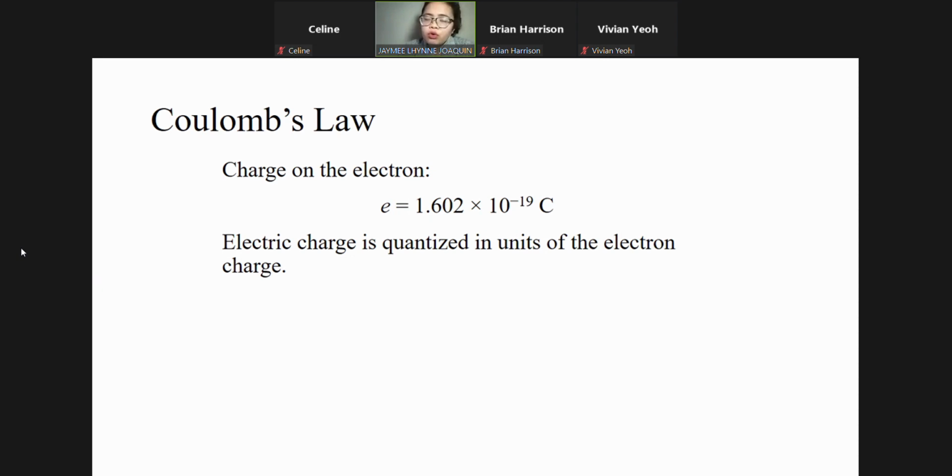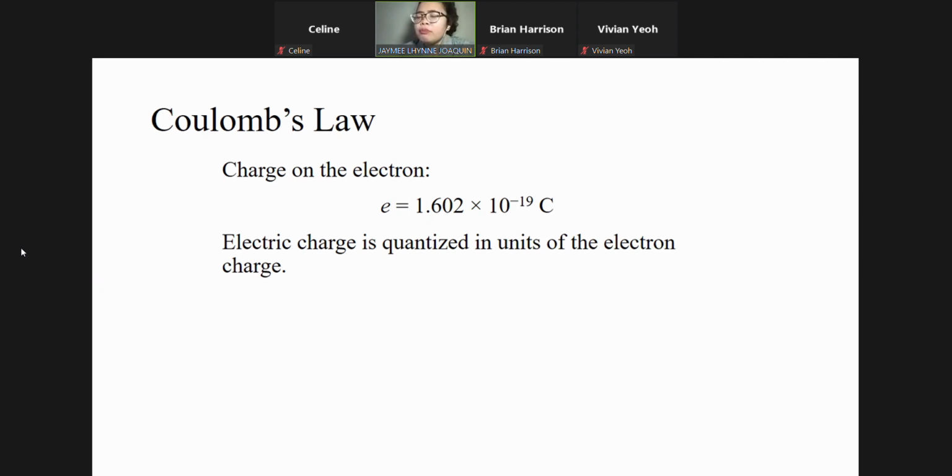So we know that both electrons and protons have the same charge magnitude, because in the idea of an atom, protons and electrons are always equal with one another. So same goes with their electrical charge. They have 1.602 times 10 raised to negative 19.